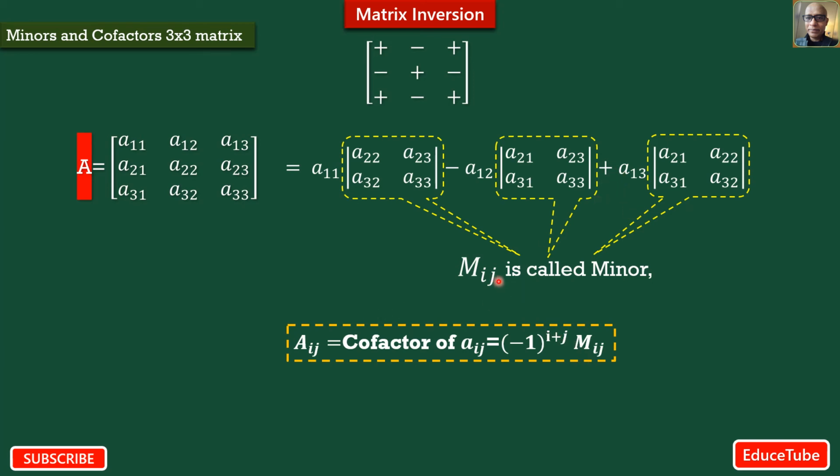And this Mij, which is called the minor, if it is multiplied by this sign, then in total we call it the cofactor of Aij, according to the positions.